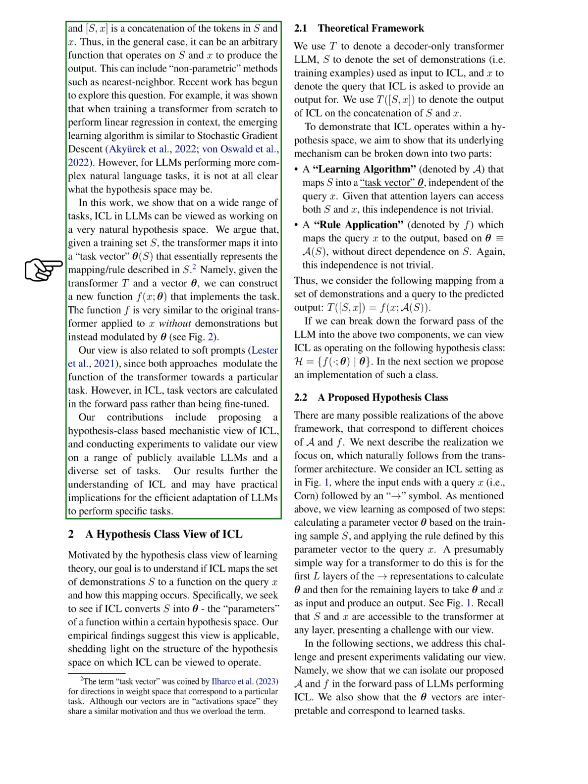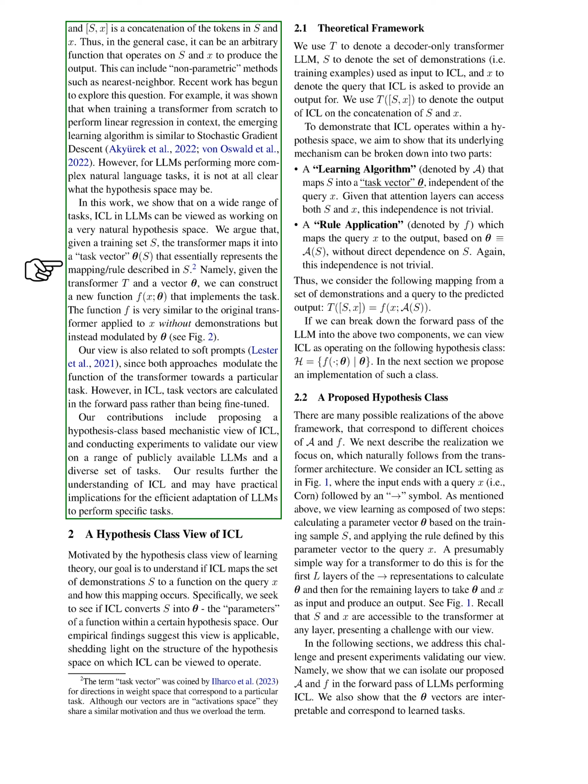But when it comes to LLMs performing more complex natural language tasks, it's not clear what the hypothesis space might be. In our work, we show that for a wide range of tasks, ICL in LLMs can be seen as working on a very natural hypothesis space. We propose that the transformer maps the training set into a task vector that essentially represents the rule described in the training set.